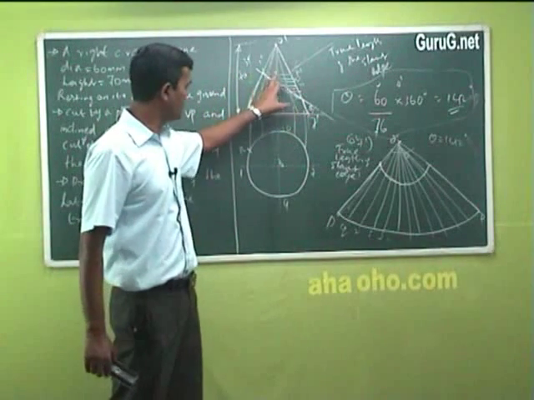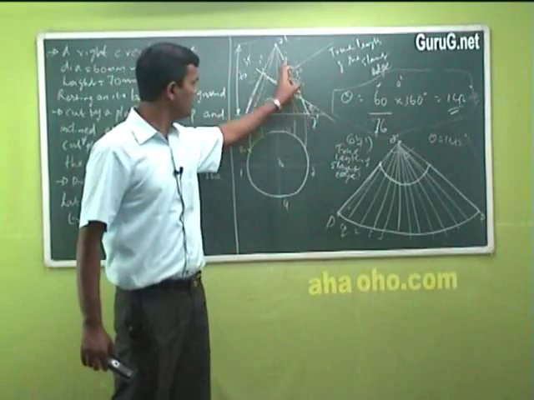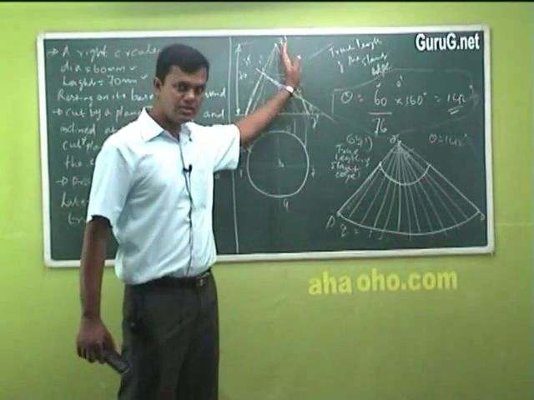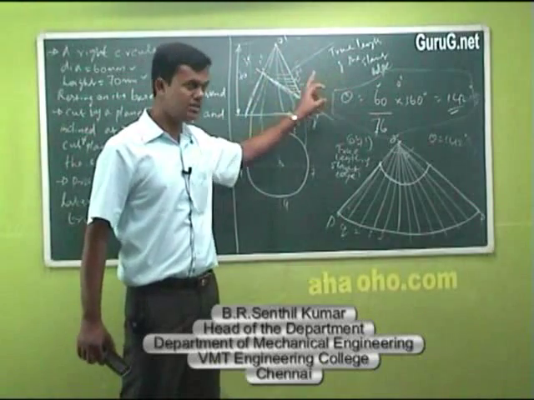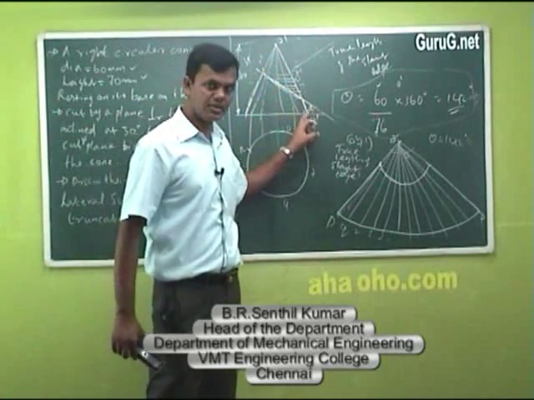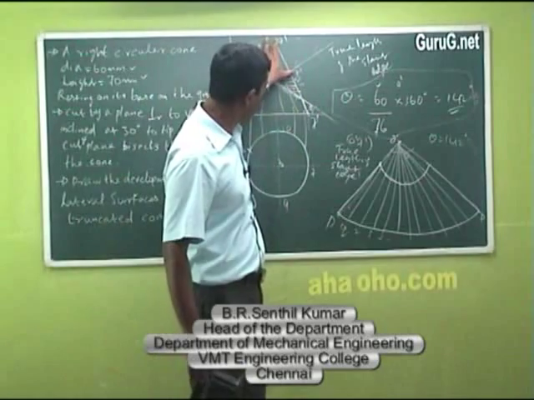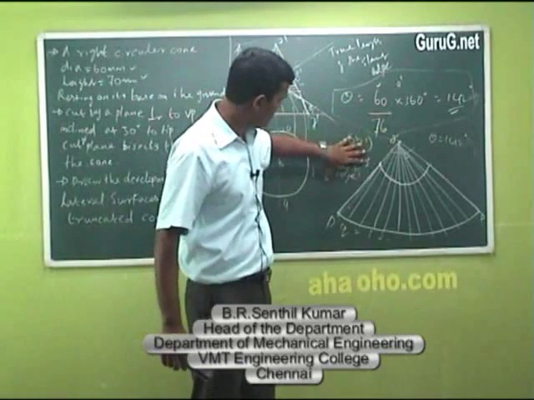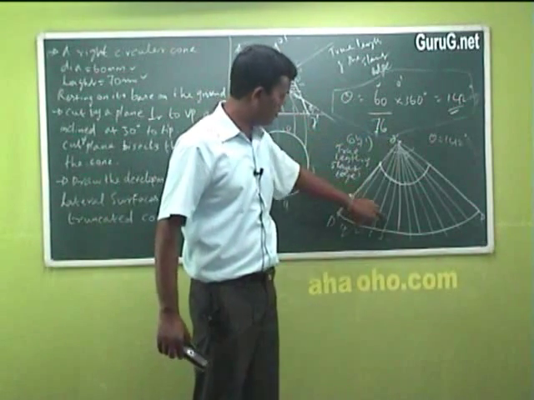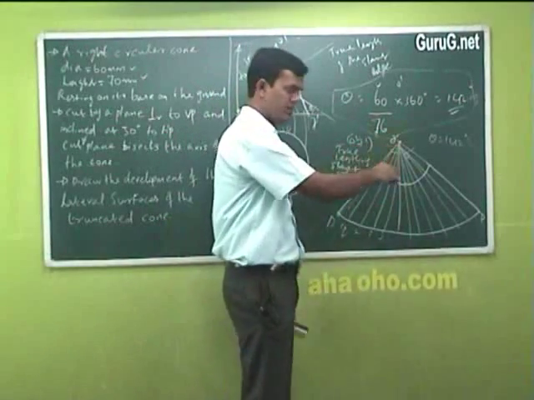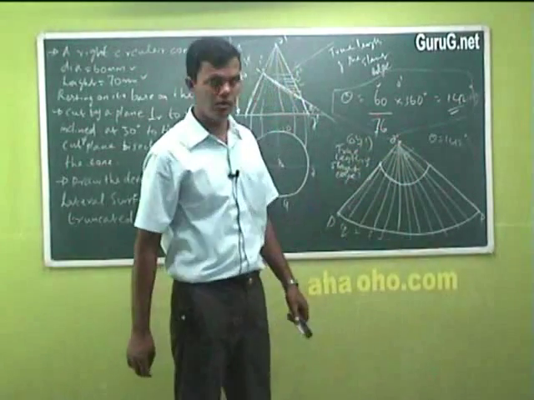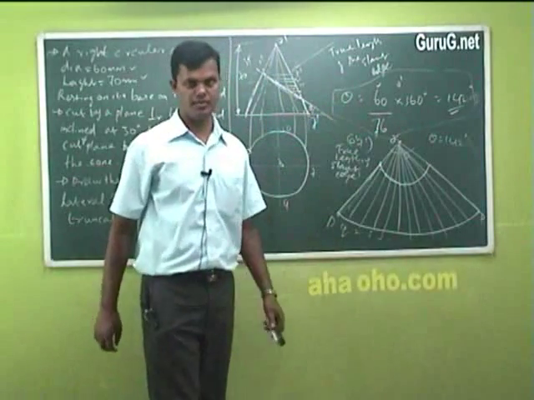Keep those edges in mind and bring them to the true length of the slant edge, then mark them P, Q, R, S, etc. Measure those points from O, and from O take an arc for each and complete it. Only this formula you have to remember. That's it.